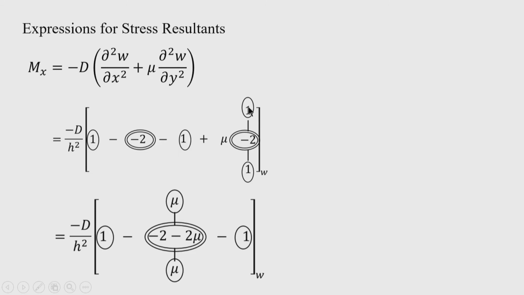Therefore, here vertically, mu up and down, mu plus mu appears. Then on the other side, 1 and 1 is there, because there is no other parameter involved with 1. So, this is the stencil form of the bending moment in x direction.